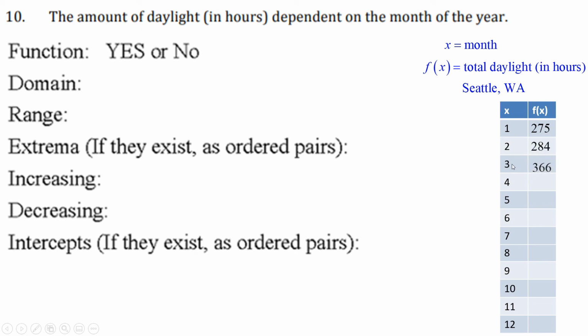March, 366 hours of daylight. April, 408 hours of daylight. May, 468 hours of daylight. June, 477 hours of daylight. July, I think we're still increasing. Yes, 482 hours of daylight.